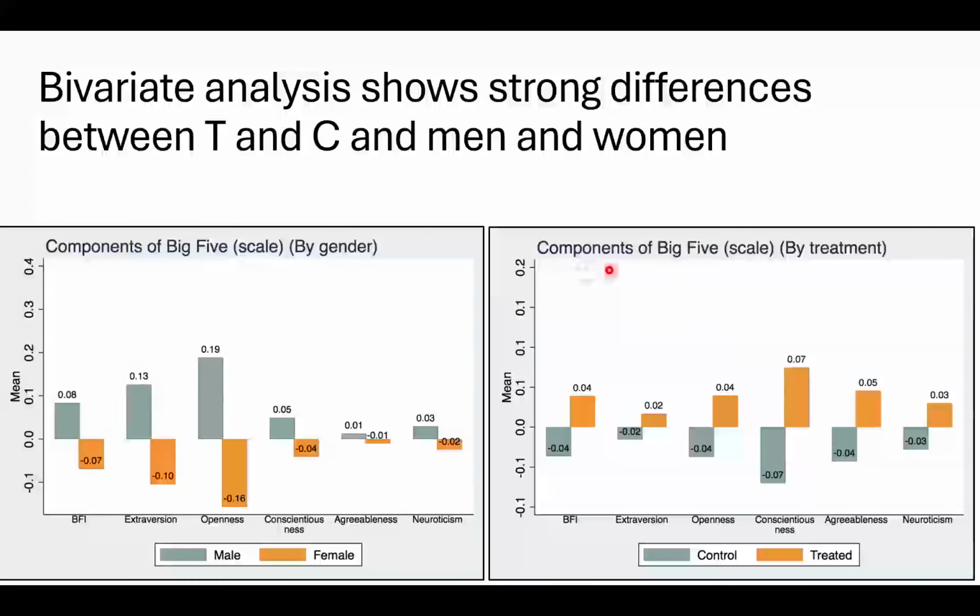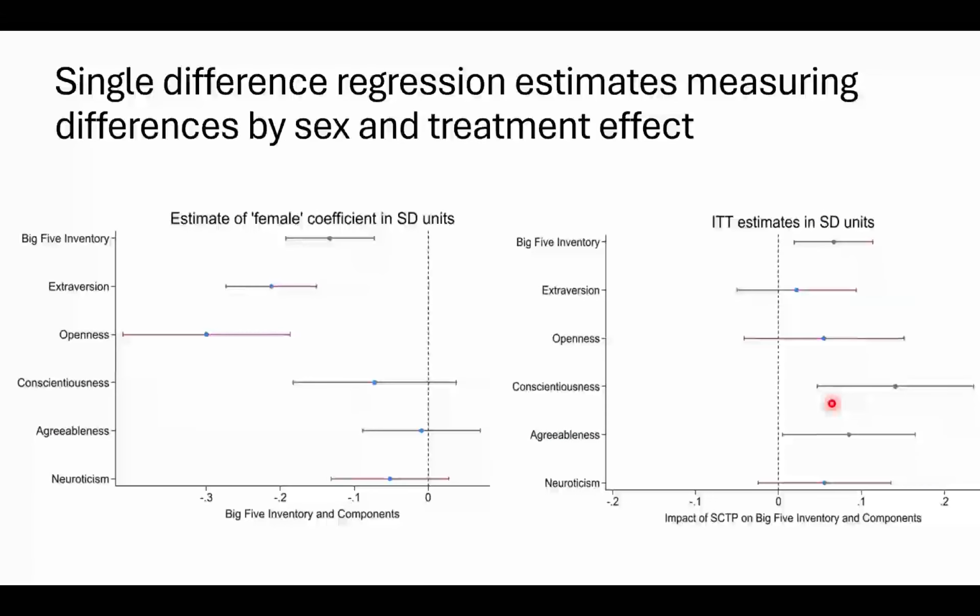If you look over here at the differences by treatment status, you can see that those who were exposed to early treatment score much higher on the scale. That seems to be driven by the conscientiousness, openness, and I guess agreeableness subcomponents. And these stand up to the regression analysis.